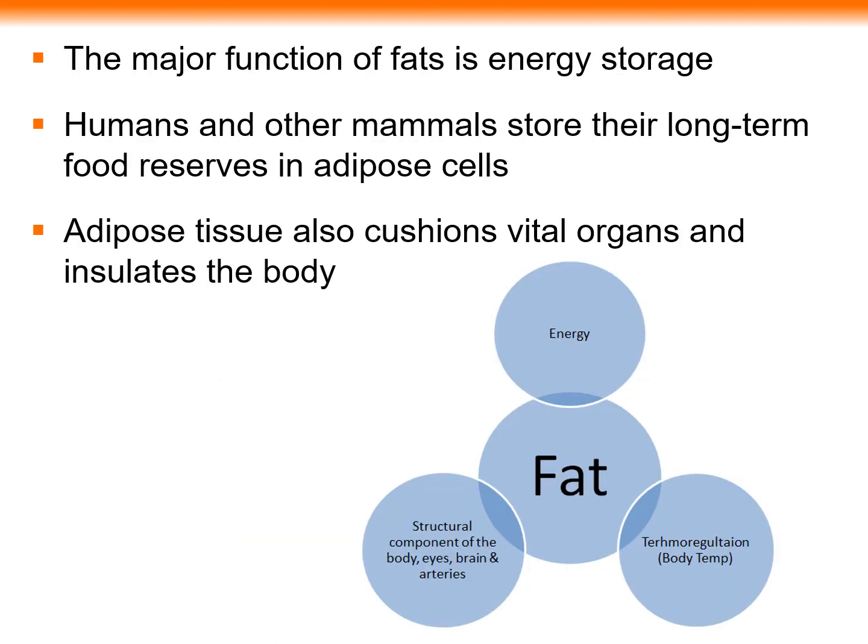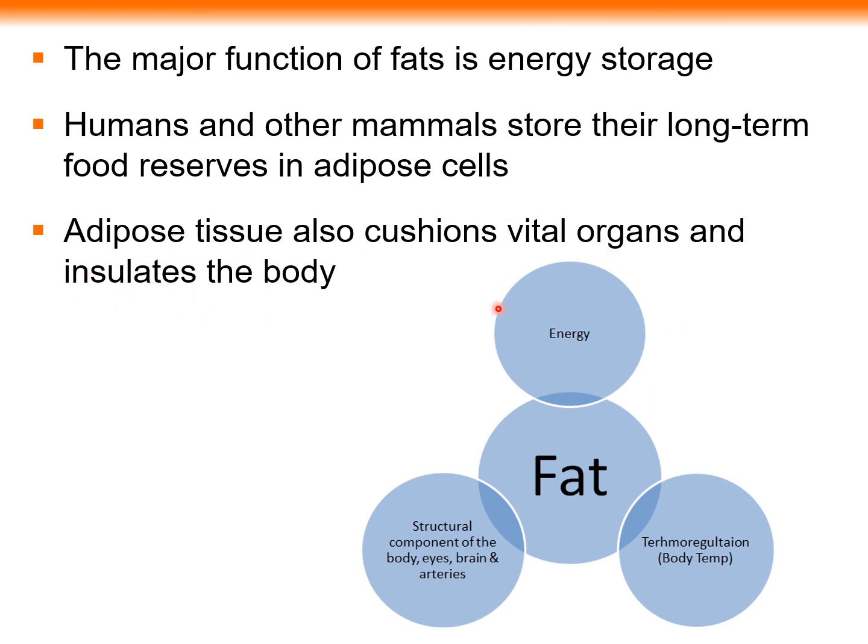And so when we talk about triglyceride type fats, the fats that we're used to, yes, the major role is energy storage, but let's not diminish the life protecting functions. So yes, they will store them in fat cells, but it also cushions vital organs and serves a very important insulating role.